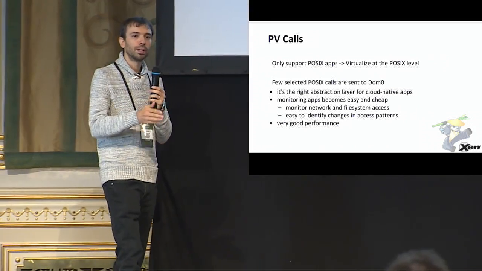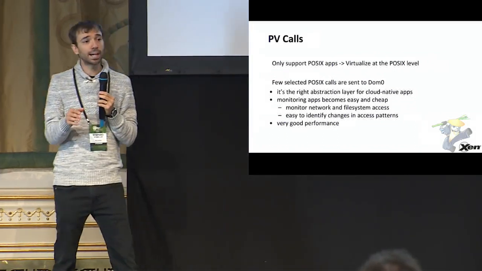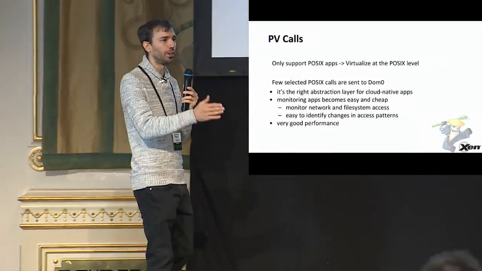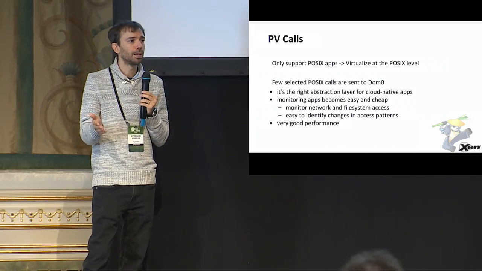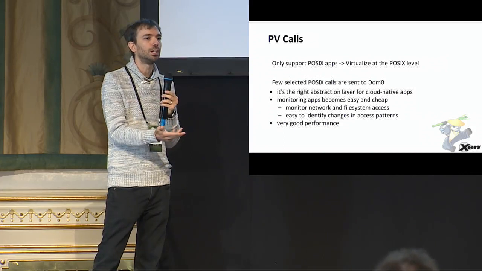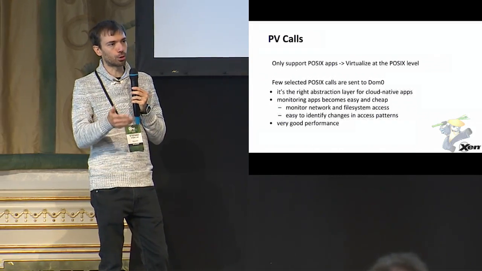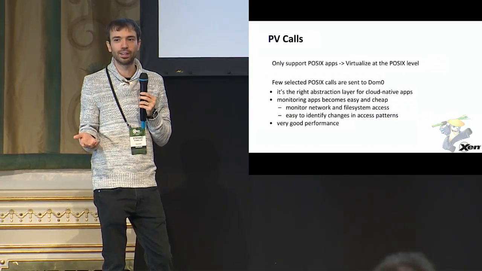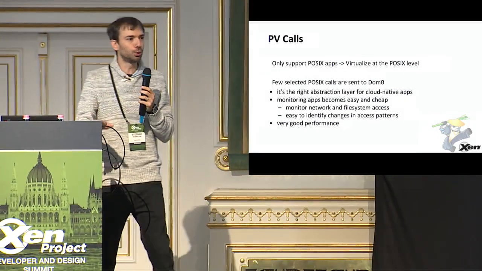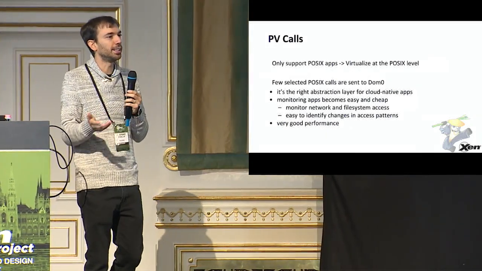With PV calls, you get performance that today is better than netfront, netback, but you also get a lot of information on the network access pattern of your VM. You get it in Dom0 for free. So it's quite easy to build an agent that takes this information and figures out if your guest is misbehaving. For example, if your NGINX container opens port 22, you know there is something going on there, right? And you can kill it. So if you use PV calls, I recommend using it for monitoring more than anything else.